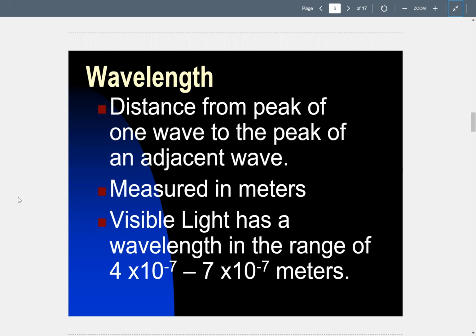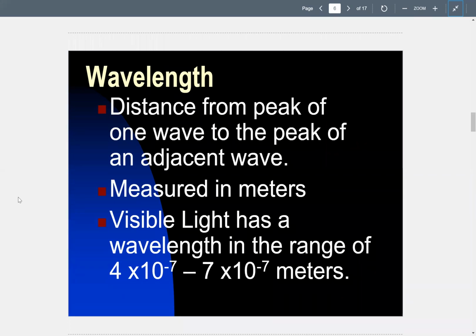For wavelengths, because they are lengths, we use the metric system, so we measure them in meters. For visible light, the light that gets into our eyes, wavelength is responsible for color. So when we are looking at different wavelengths, we are looking at red, orange, yellow, green, blue, but also the entire spectrum, which is radio waves, microwaves, infrared, visible light, ultraviolet, and X-rays and gamma rays.